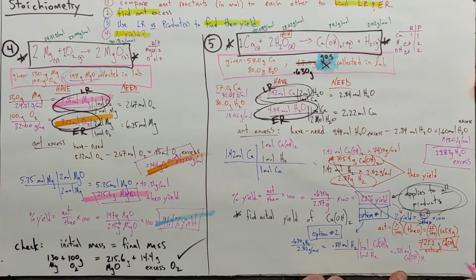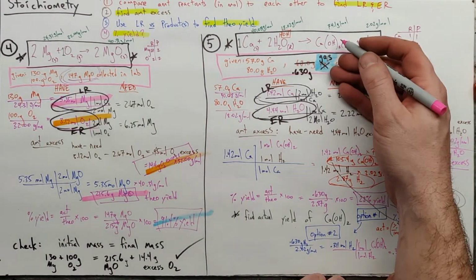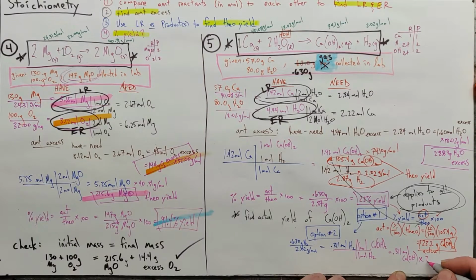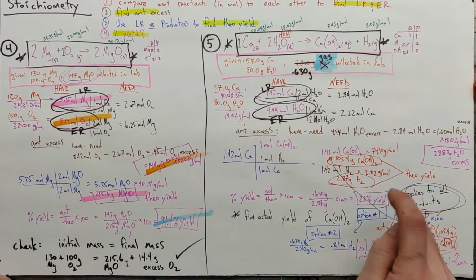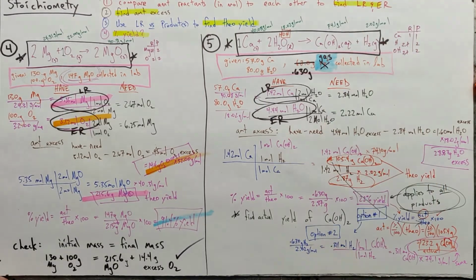I can multiply by the molar mass, which is 74.1, from right there, and we actually get the same answer, or very close within our sig figs. So we've got options there. It doesn't really matter, but knowing this key idea, knowing the percent yield of one thing, you know the percent yield of all the products, and you can then turn actual yields into percent yields as much as you want.